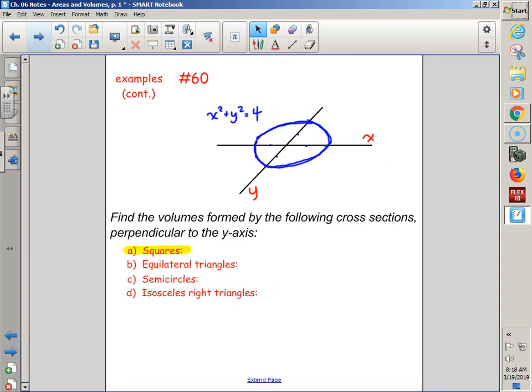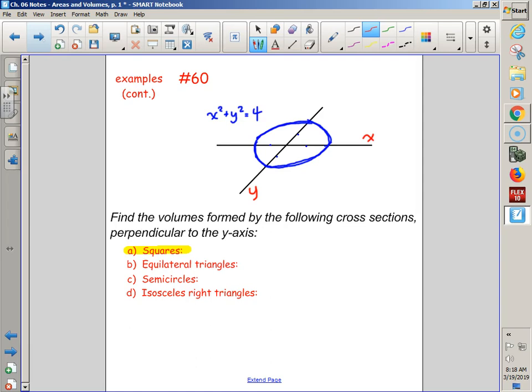So when this one was on the board when we first came in, did you guys start pondering it at all? Do they give us any given bounds? No. But do they tell us how we're supposed to be slicing? Yes. Okay, so hold on. If we're doing squares, and they give us that it's bounded by this function, is that a function?